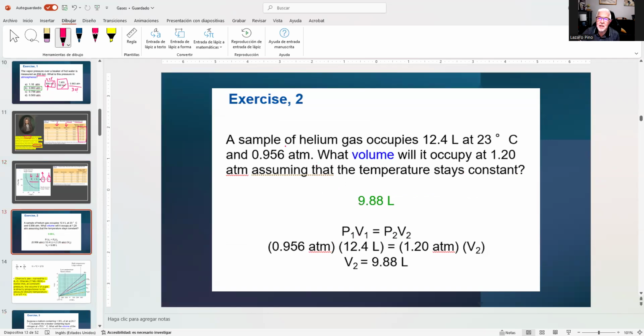Exercise. A sample of helium gas occupies 12.4 liters at a certain temperature and at this pressure. What volume will it occupy at this pressure? This is the question, that's what we are looking for. Then you use this formula. You have this pressure, you have this pressure, and you have this pressure. Then you have to find out the volume at the end.